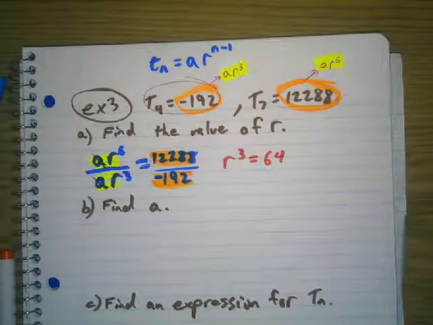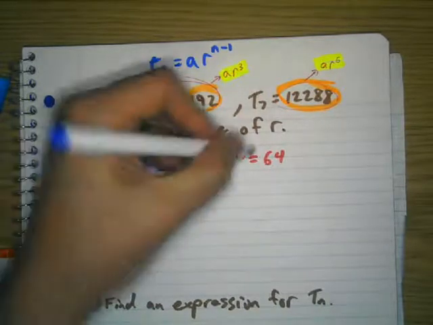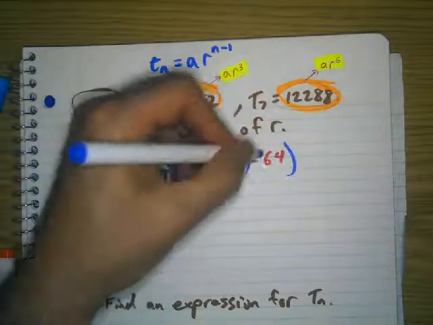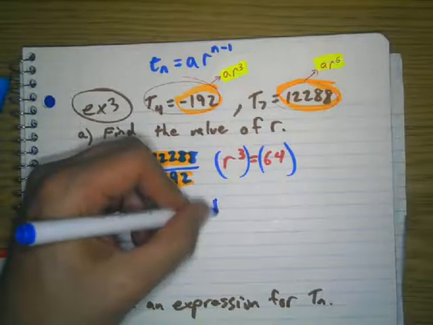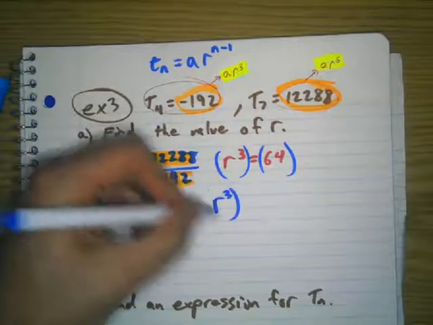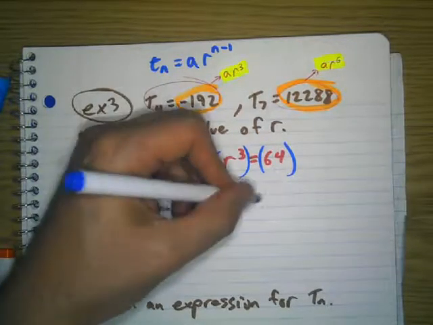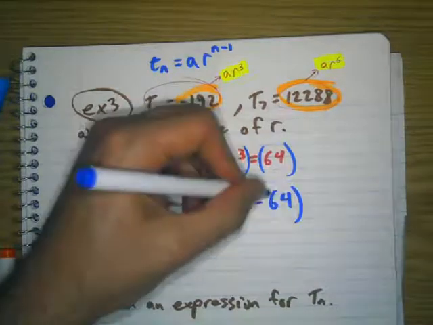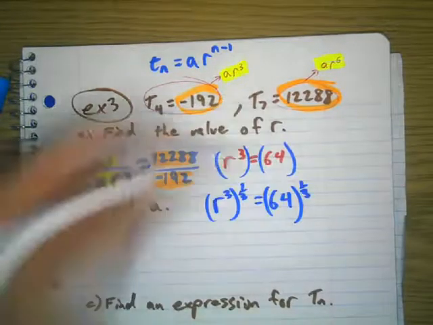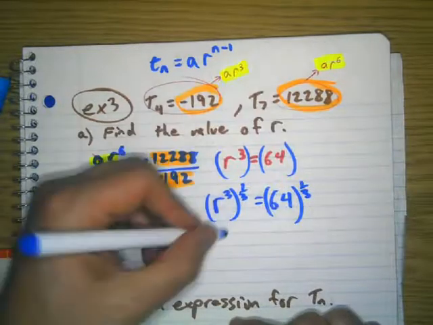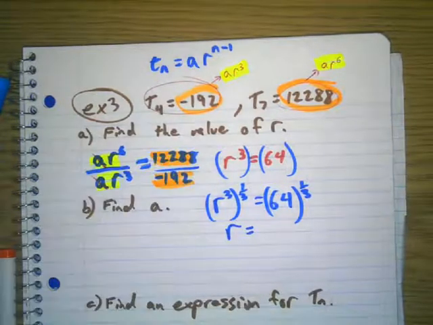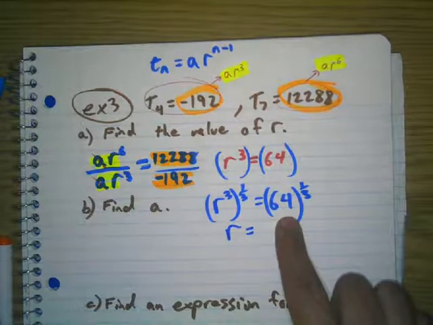One thing you could do is say, okay, well, to get this, I can do the 1/3 power of both sides. And if I do the 1/3 power of both sides, we're going to end up with r. So we do 64 to the 1/3 power.